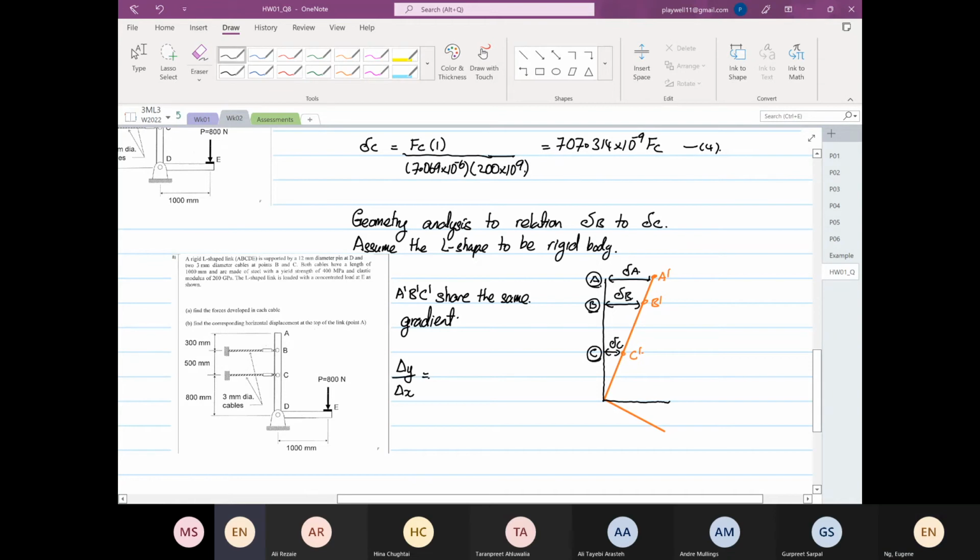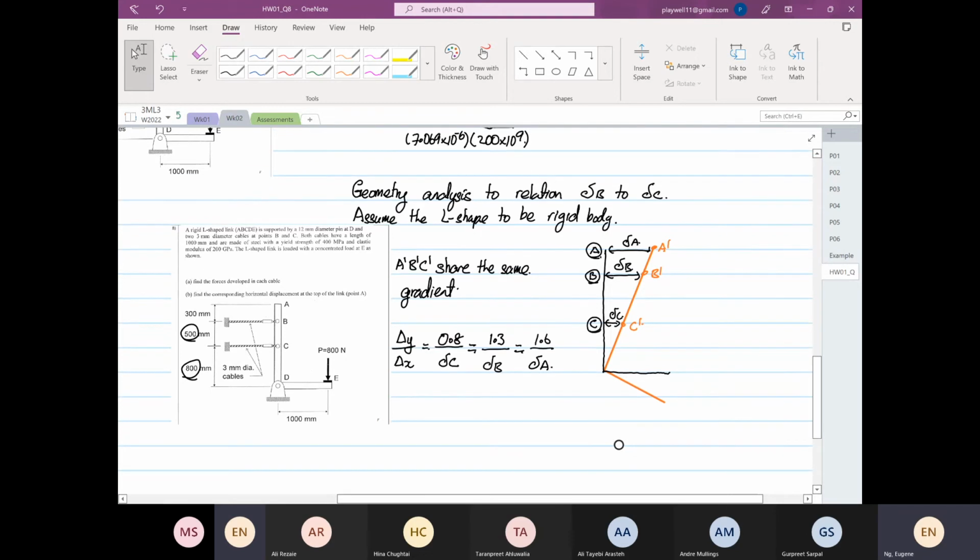So to point C, change in y is 0.8 divided by delta C, and so the change in y, 0.8 plus 0.5, is 1.3, divided by delta B. And this will also be equal to 1.6 divided by delta A. Okay.